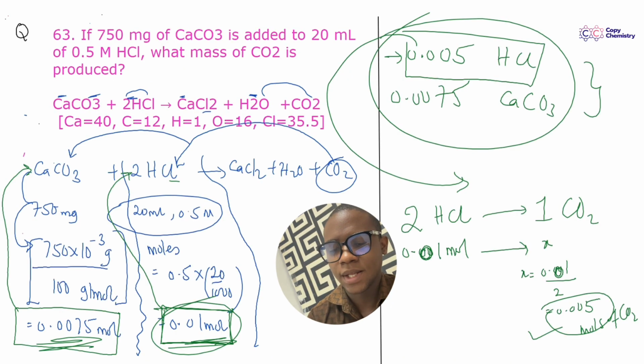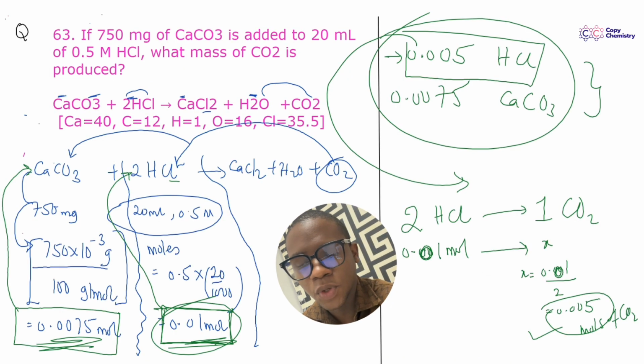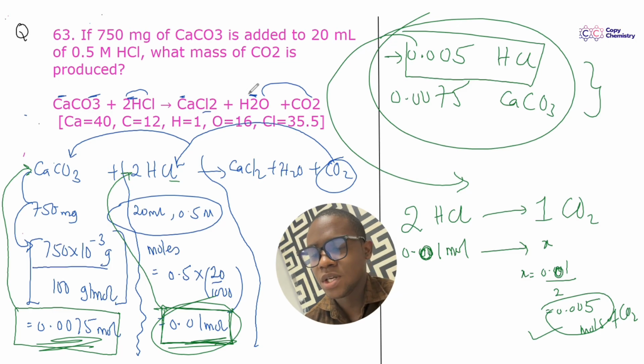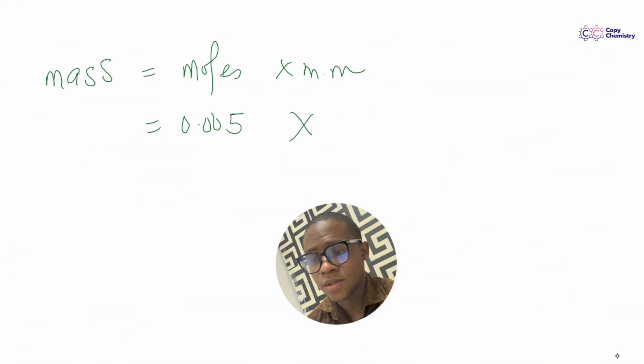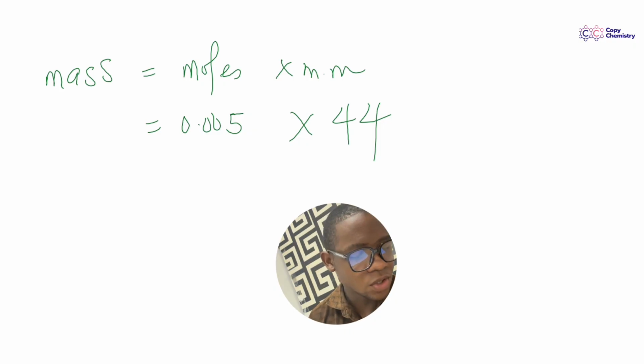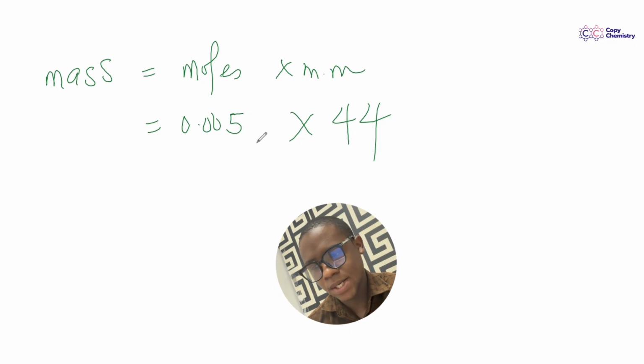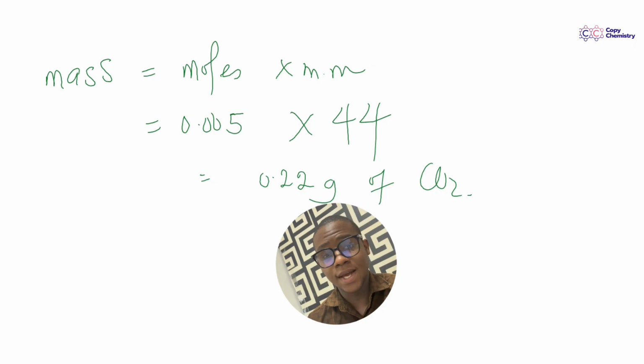And then we'll multiply that by the molar mass of CO2. What's the molar mass of CO2? Do it gradually: 12 plus 2 times 16. You get 44 at the end of the day. And then when you do that multiplication by 44, you'll get 0.22 grams of CO2, and that is the answer to the question.